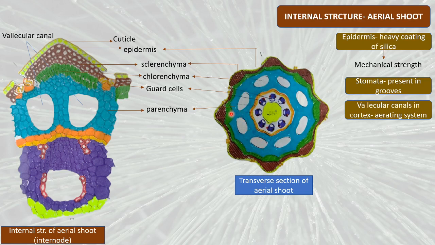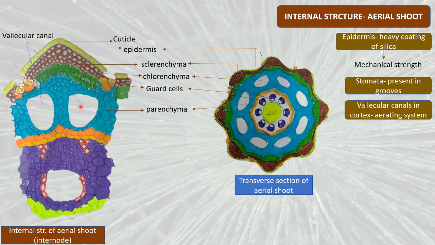So now you can relate that we have just taken a section of this, a very small section of this transverse section of the aerial shoot that we have kept here. We have taken a section which has two vallicular canals, and the upper part is also included, right?